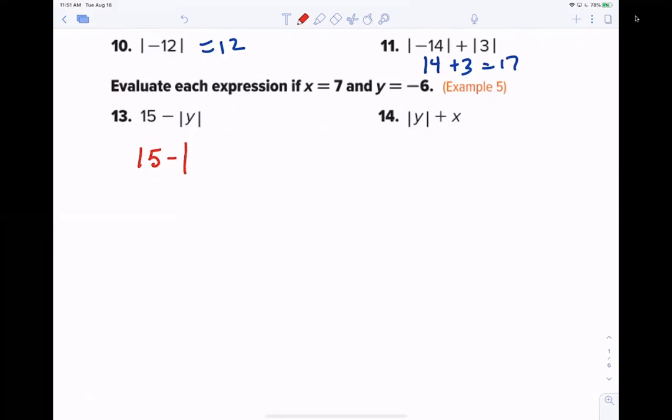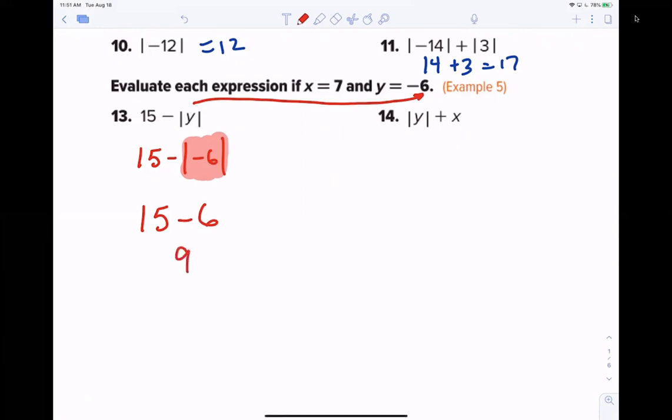Well, it will be 6, but right now the Y, yes, that's what I want you to be able to see, okay? Like this, right? Now I want you to tell me what is the absolute value of -6? So now what's 15 minus 6? Yes, it is. 9. Perfect. Good?